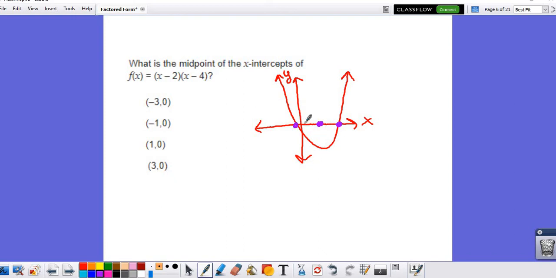What's in the middle of your 2 x-intercepts? So if this was -1 and this was 5, the middle would be 3. Maybe it's 2. So whatever's in the middle of them, because there'd be 3 spaces in between.